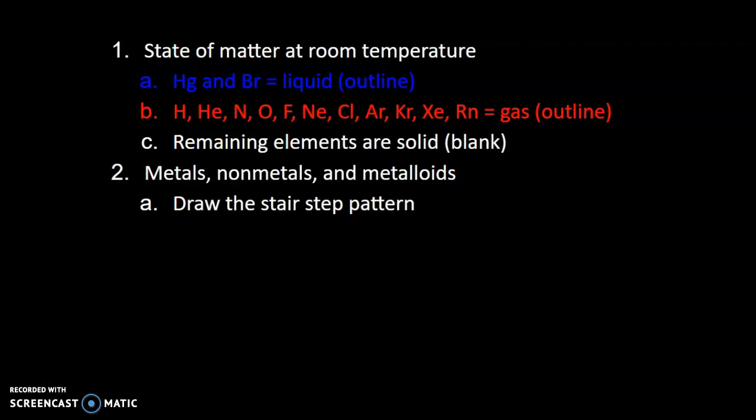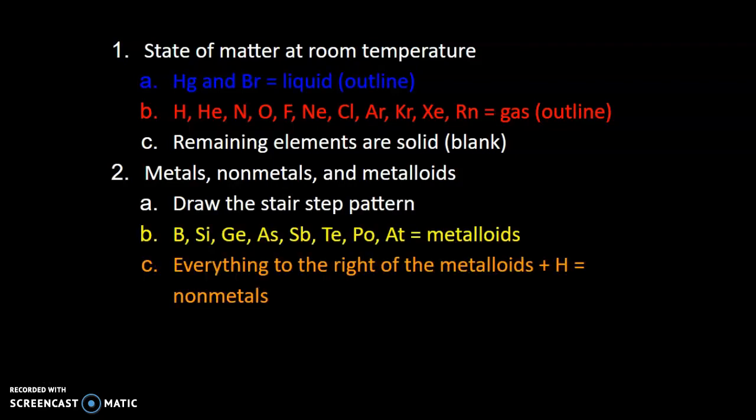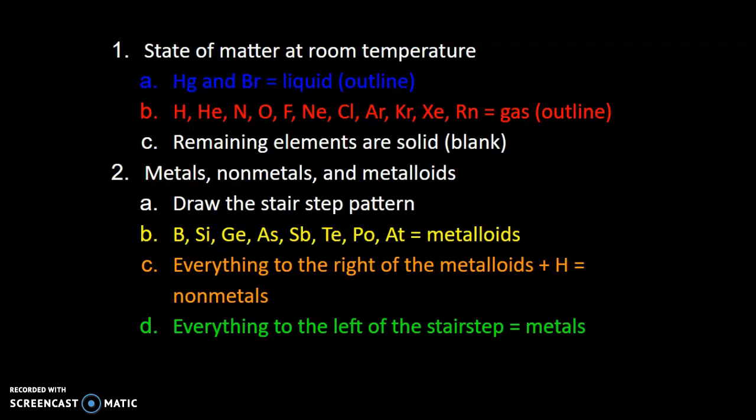Try to identify where it is so that it will be easy for you. Anything in the stair-step would be metalloids. Everything to the right of metalloids and hydrogen will be non-metals, and everything to the left of the stair steps will be metals. So this is how you can identify elements on the periodic table.